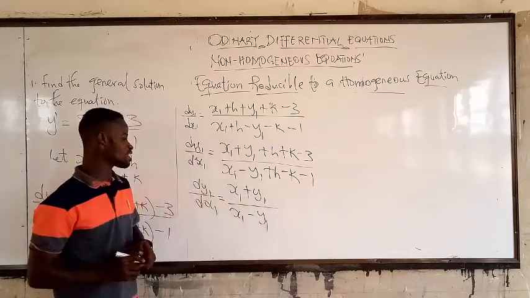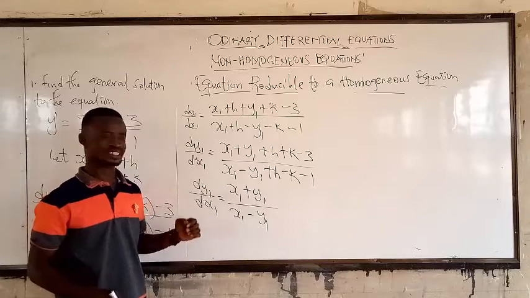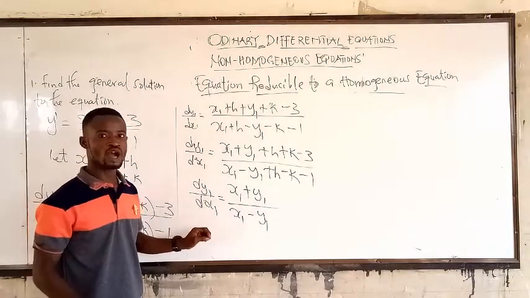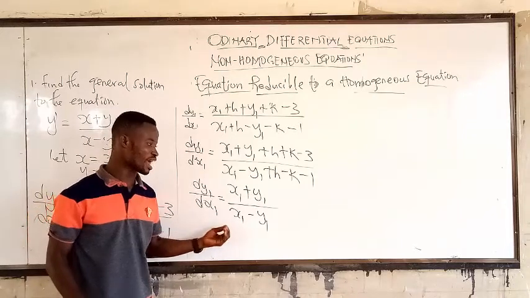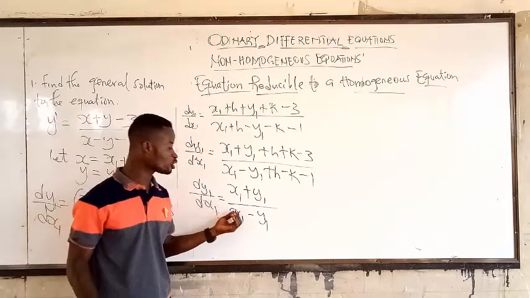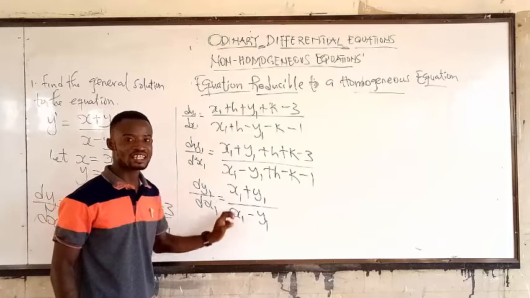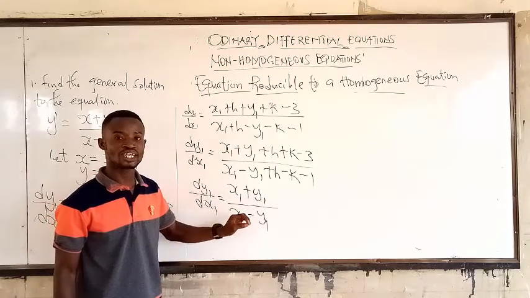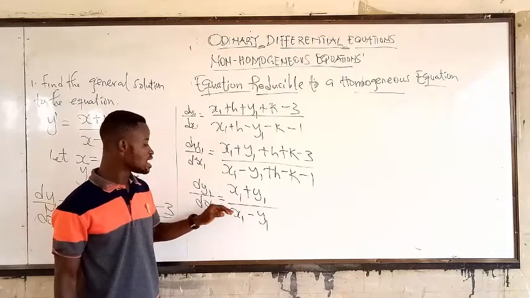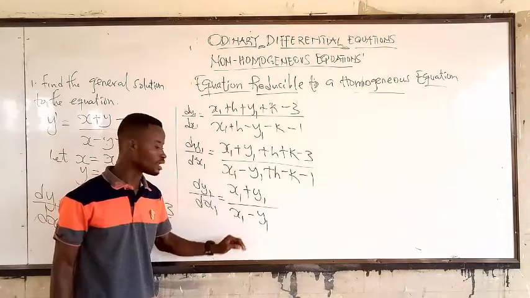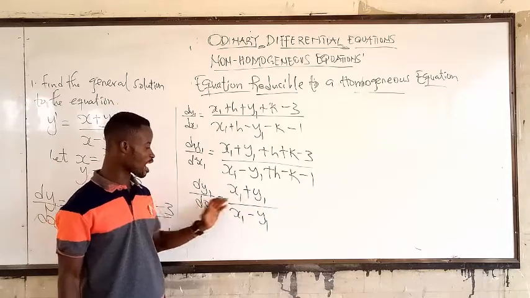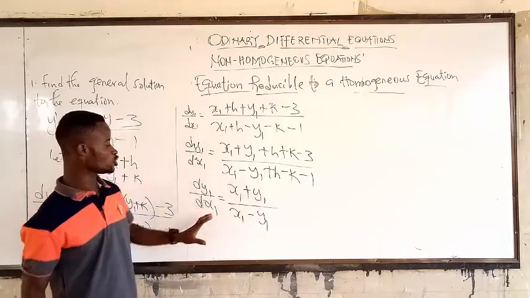Yes, because we are saying that when you do that, you are going to get something like as1 plus by1 over as1 minus by1. So that is what we have here. So this is the homogeneous equation.